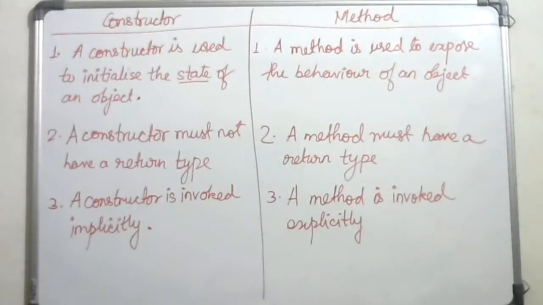Just to remember it in an easier way, the word implicitly means automatically, and the word explicitly means you have to do something manually. As in, a method must be called manually. If the programmer does not call the method manually, then it is not called. Whereas in case of a constructor, you simply need to define an object and the constructor is called automatically. So that is the third difference.